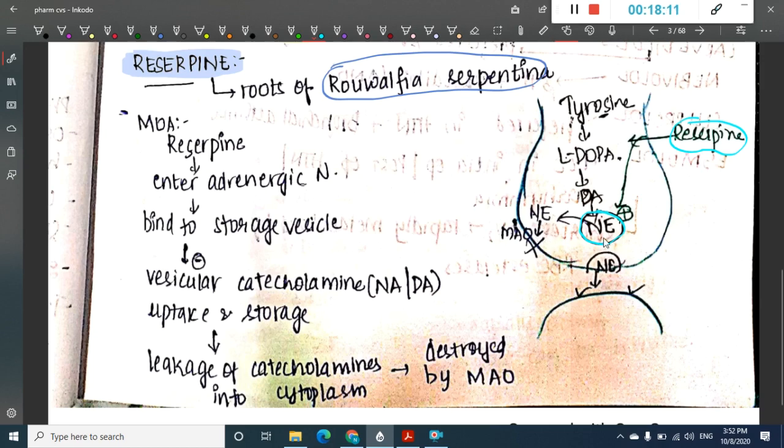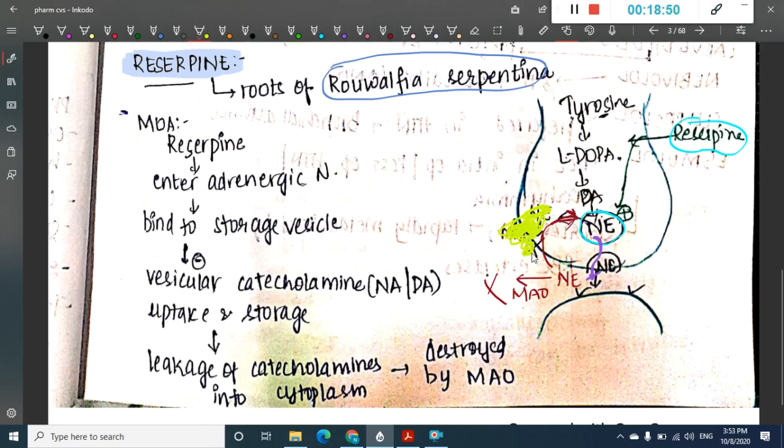That means, if you see, norepinephrine is released like this. Once it is released, this norepinephrine will enter the synaptic terminal. In the synaptic terminal, it will be degraded by monoamine oxidases. Some of the norepinephrine is degraded, and some of it enters back into the synapse.